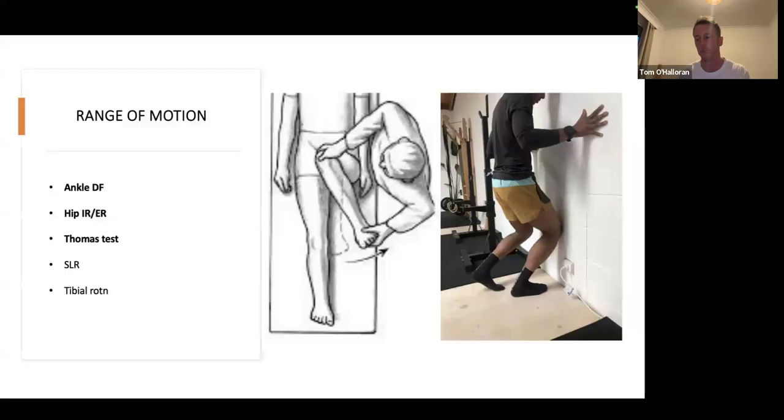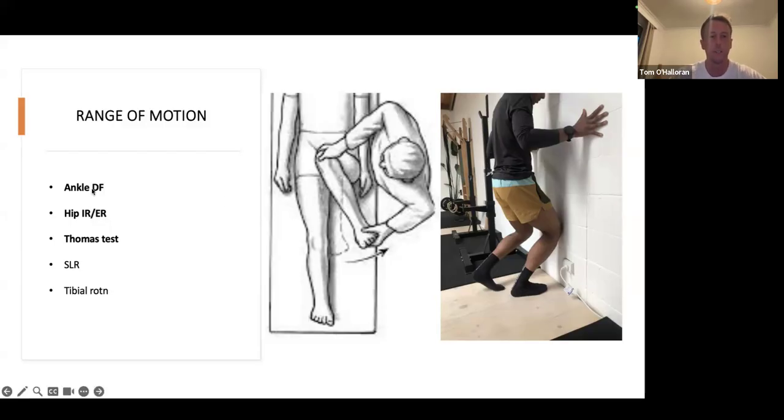It's going to change movement strategy. It's going to help us understand that person, understand the way they move, maybe understand their single leg landing, maybe understand why they've got an overloaded calf if they have an early heel lift because they can't get that shin forward. So it's just understanding that person.